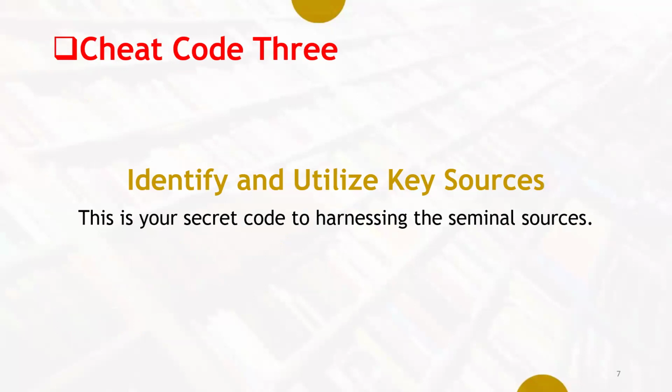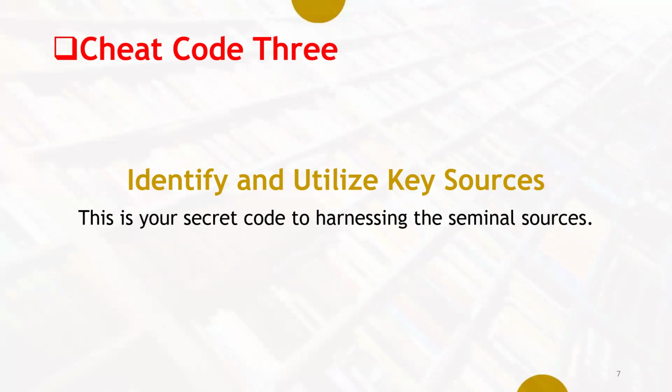Our next cheat code is about honing in on the most important and influential sources for your literature review. Here's the thing. In the vast ocean of academic publications, some sources stand out as pillars of knowledge: papers that have shaped the field, highly cited articles that everyone refers to, and comprehensive review articles that summarize the current state of research.